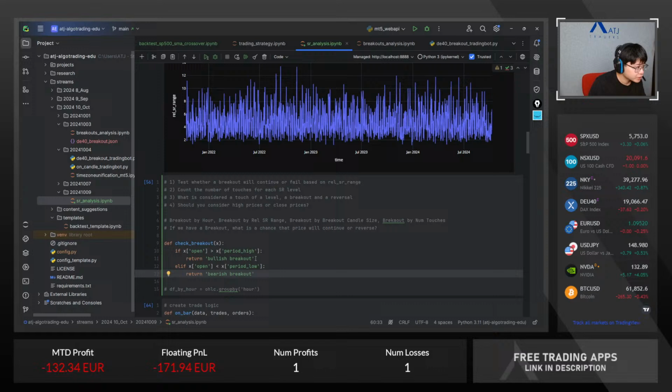And recently I've started using numbers because the numbers are good for some future operations. So let's just say 1 represents bullish breakout, and -1 represents bearish breakout.